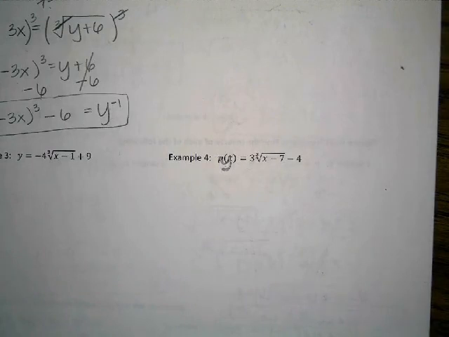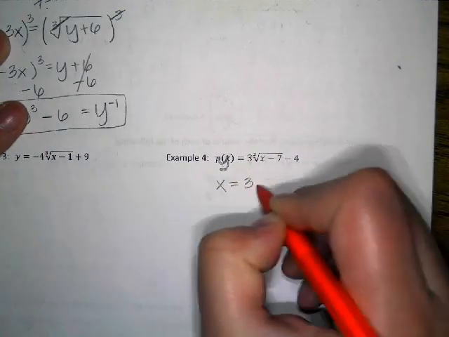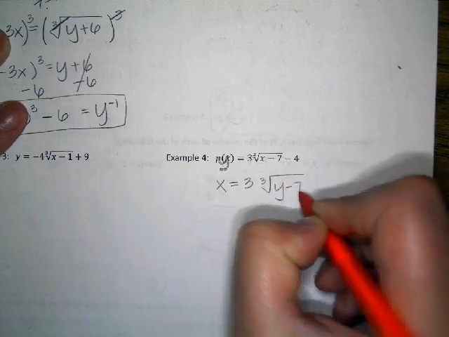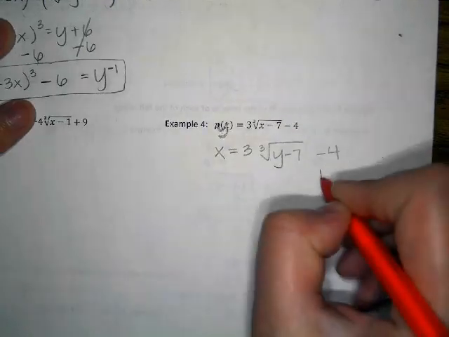Swap them. So the x and the y have to trade first thing. Okay? And then we add the 4. Okay.